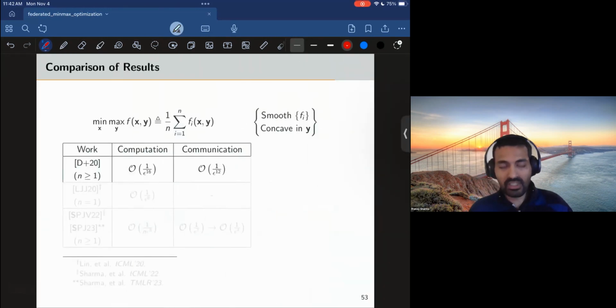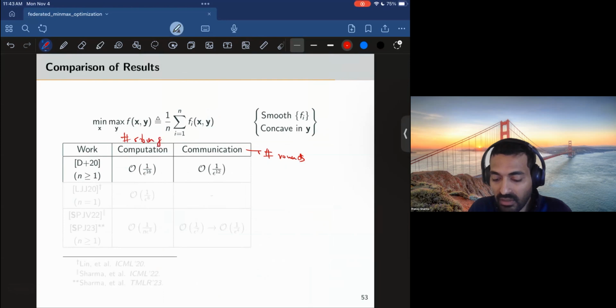So let's look at what kind of complexity results we can get. What kind of communication, meaning number of rounds, and what kind of computations, meaning number of stochastic gradients, we can achieve. And this is the class of functions we are looking at.